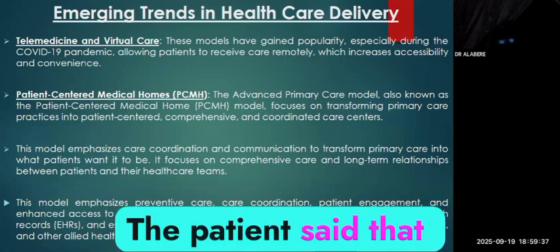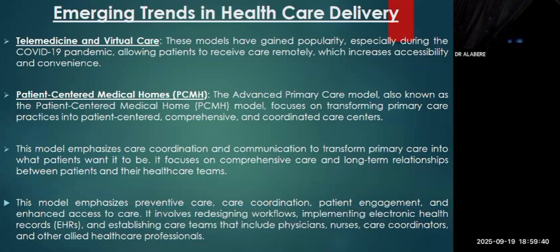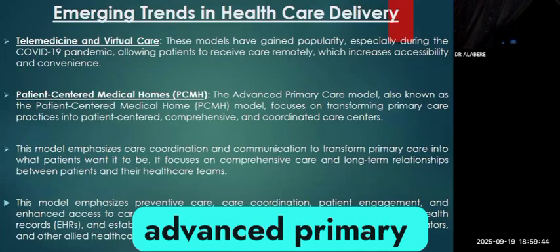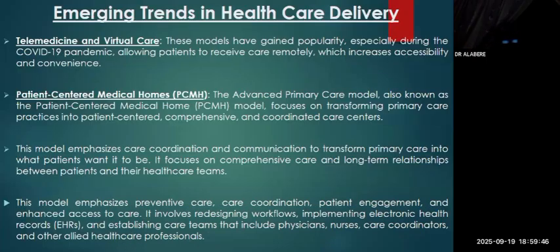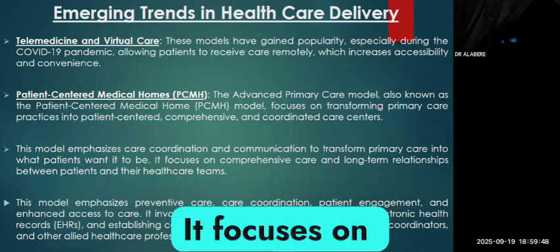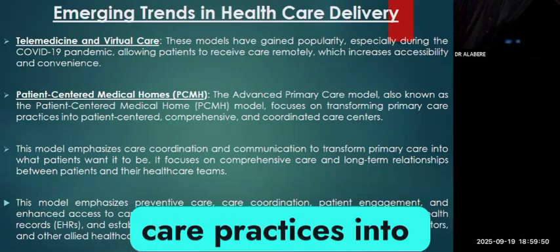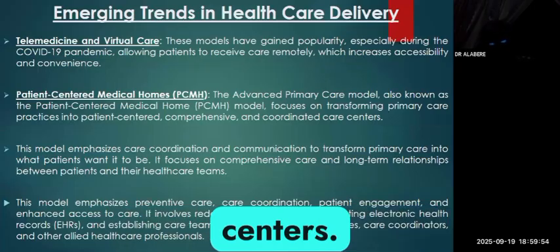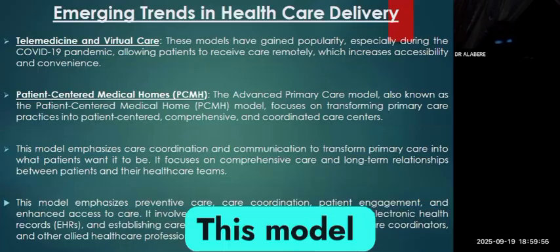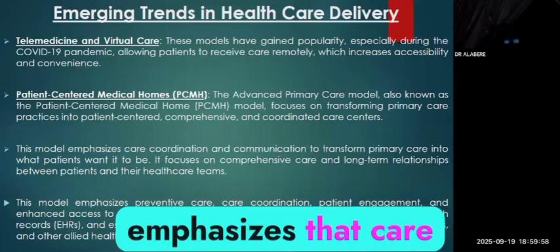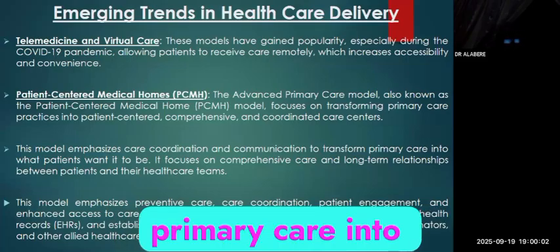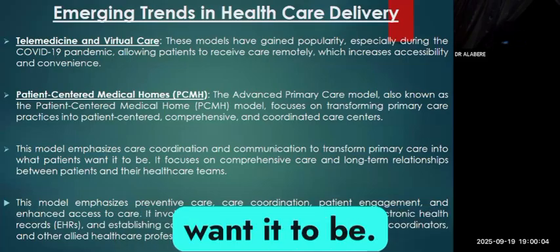Next is medical homes. Another name for this is the advanced primary care model. It focuses on transforming primary care practices into patient-centered, comprehensive and coordinated care centers. This model emphasizes that care and coordination should transform primary care into what patients want it to be.